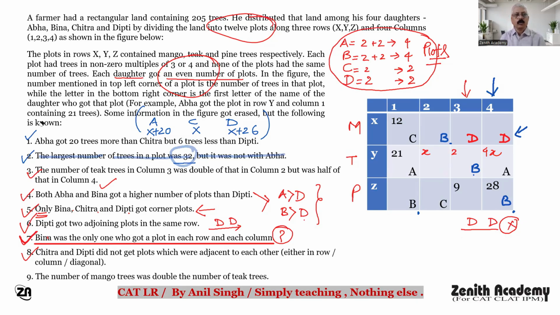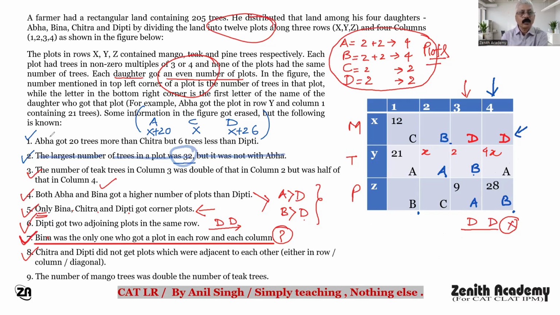So the four plots of A are like 1, 2, third and fourth. So this is all about the distribution of plots among Abha, Bina, Chitra, and Deepti respectively.